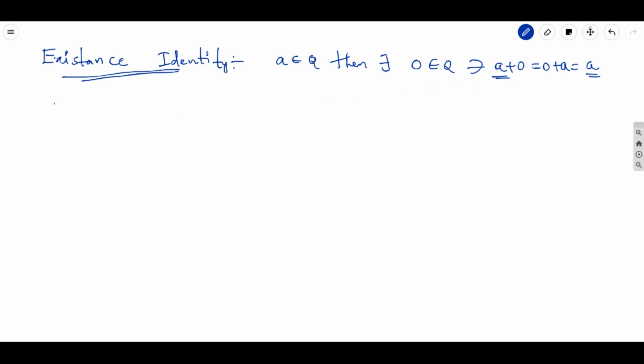In the same way, multiplicative identity: when we multiply any number with it, we get that same number. What is the multiplicative identity? We know that the multiplicative identity is 1.